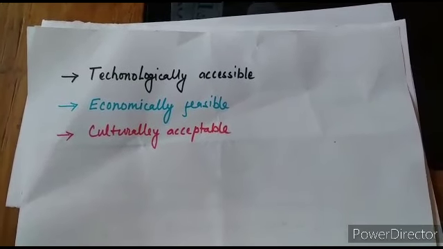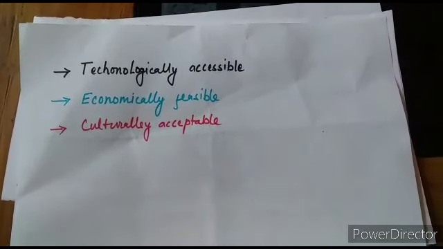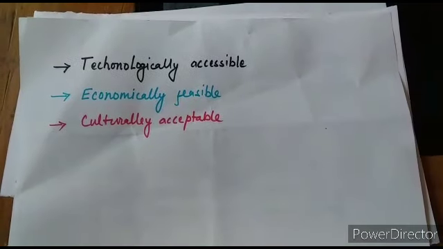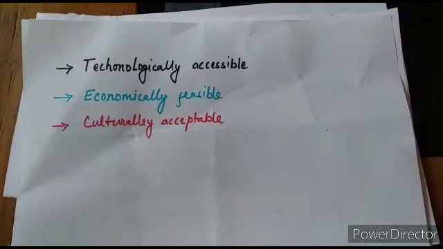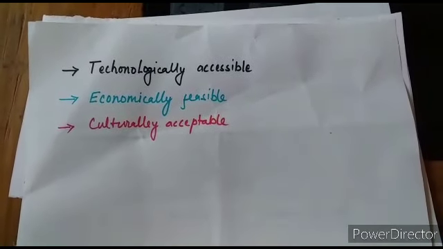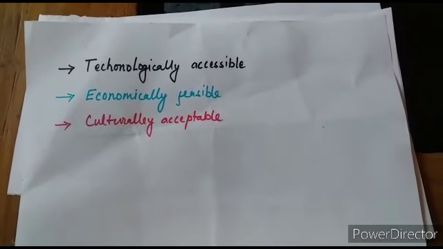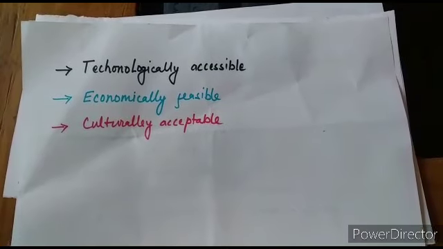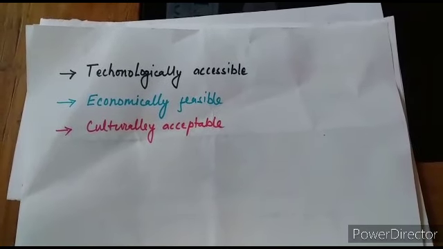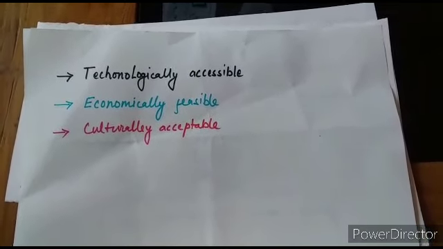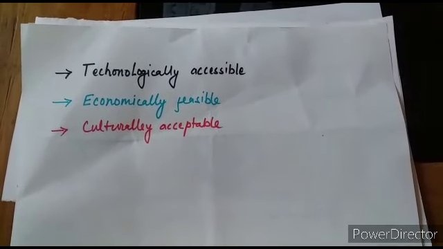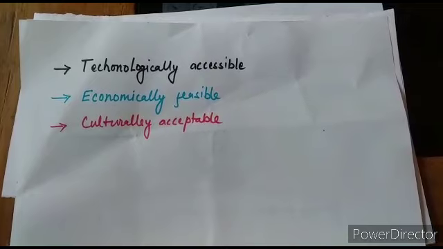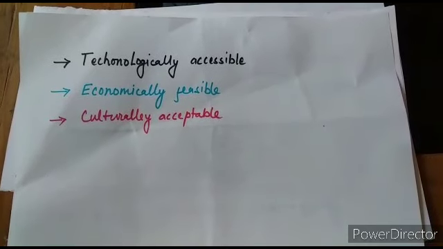For the use of the mobile phone, you can just see before 30 years, when the mobile phone arrived, it was a big one. But now, with the access of technology, we are finding everything in our mobile. So the accessibility of technology increases the use of resource.